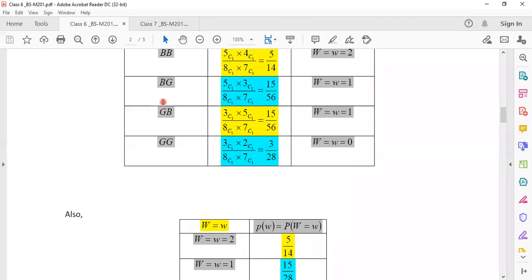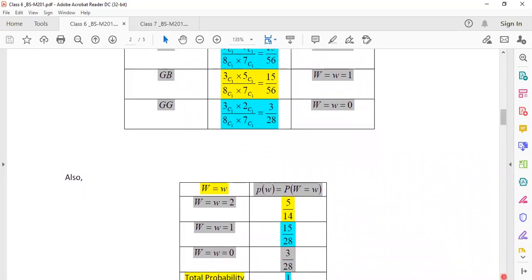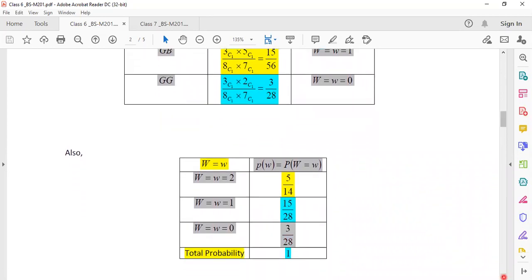And BG and GB are mutually exclusive. So the probability of BG union GB will be the probability of BG plus the probability of GB, which is twice 15 by 56, that is 15 by 28. Here also I have used axiom 3 of the probability theory.